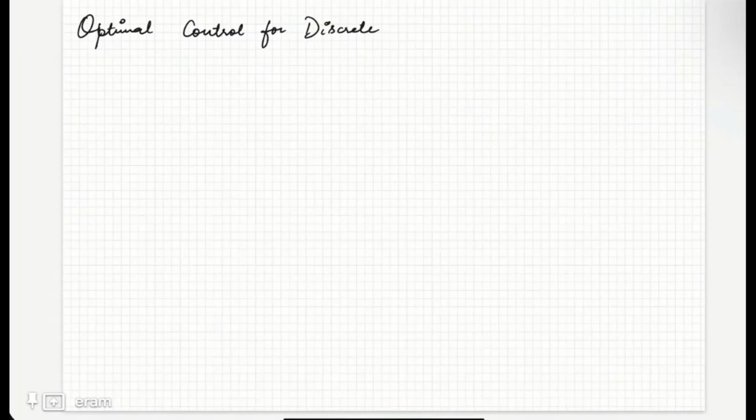All right, now suppose that the cost function, the running cost function for a discrete time system, so optimal control for discrete time systems.